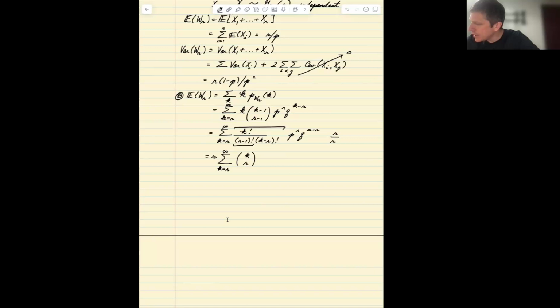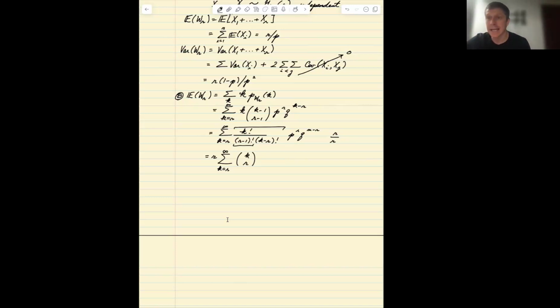We want this to start to look like the negative binomial of a different distribution with different parameters. Since we have K, K is fine, but we have R here, and so it should be R plus 1 minus 1.